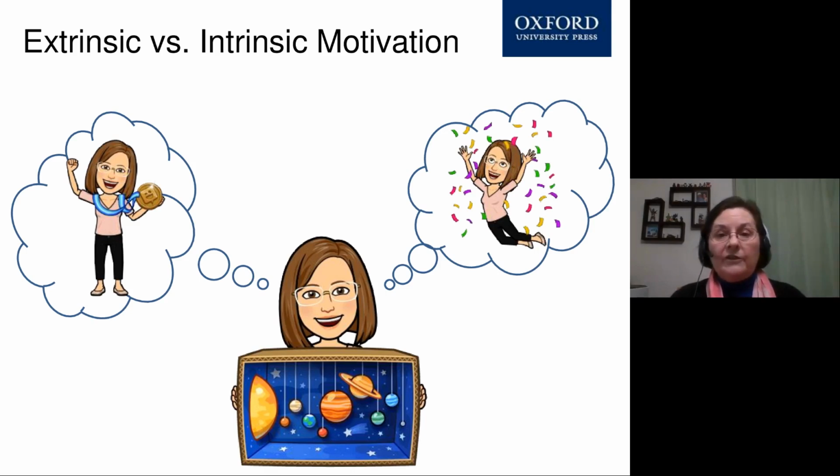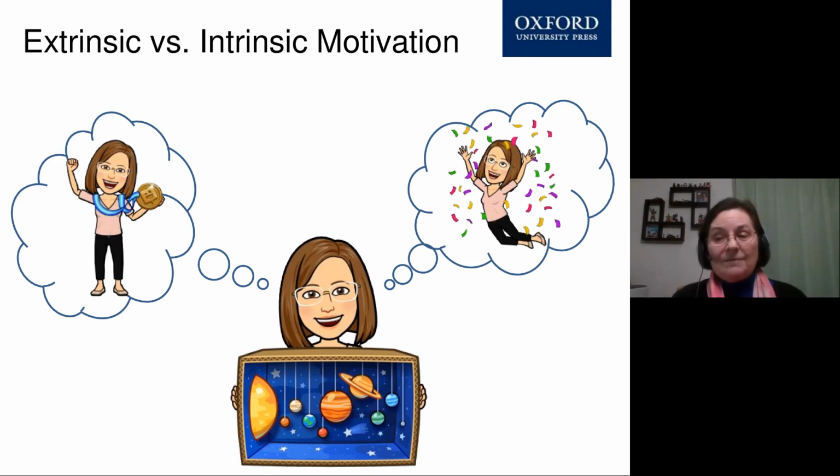I think to put it fairly simplistically, extrinsic is something that we do in anticipation of getting a reward, or anticipation of getting recognition, or for fear of some kind of negative consequence.